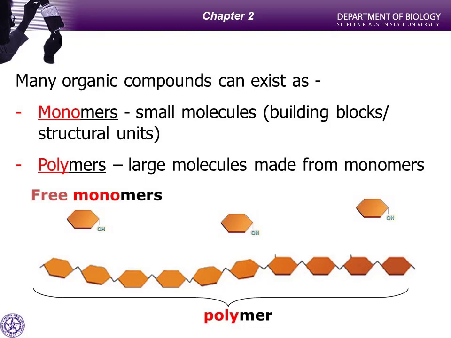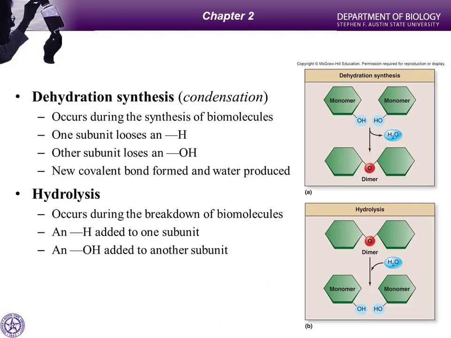Now, the way your body works, again, opposites. So the way your body takes these monomers, let's say this is a simple sugar, and we're going to see this as we go through. You use enzymes that can take these two individual units and link them together. And in this case, we've taken two individual units and put them together into a dimer, meaning a molecule composed of two units.